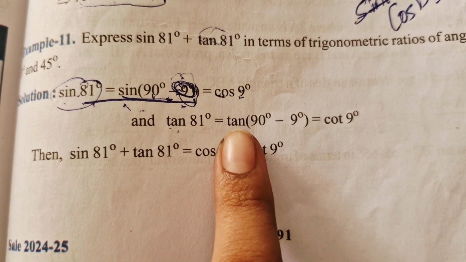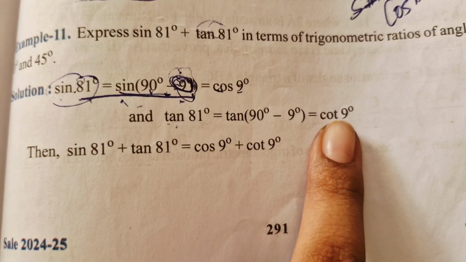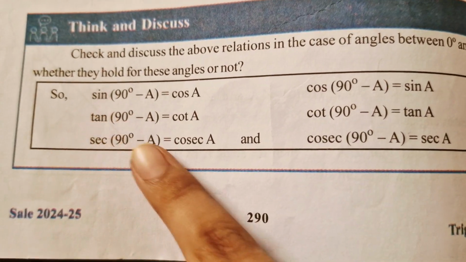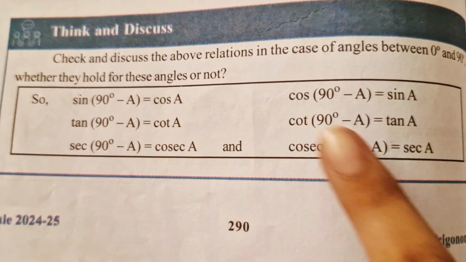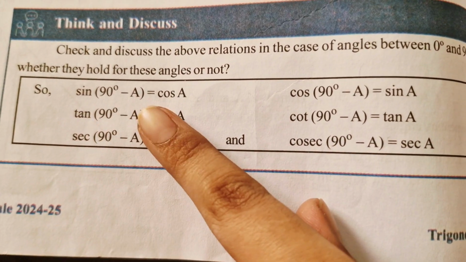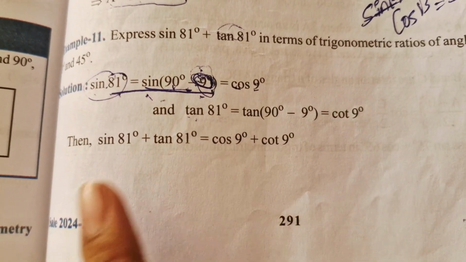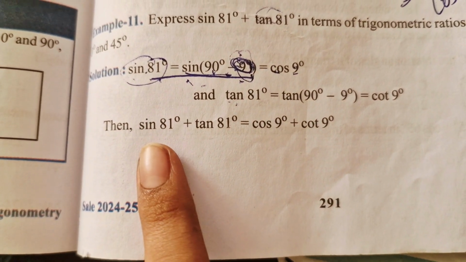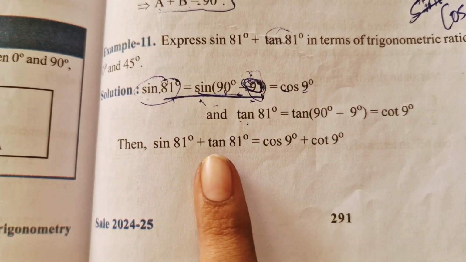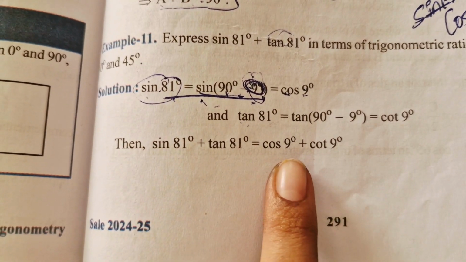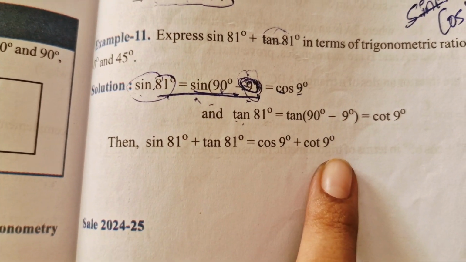So in this case, tan 90 minus 9 is cot 9. Here are the identities that you need: tan 90 minus A is equal to cot A, and sin 90 minus A is equal to cos A. So sin 81 degrees plus tan 81 degrees is equal to cos 9 degrees plus cot 9 degrees.